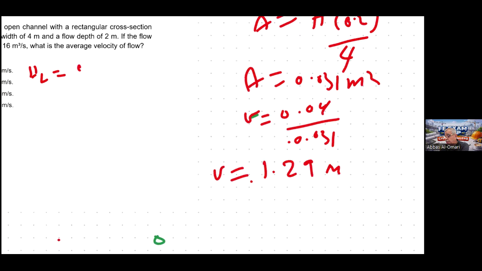So now we can substitute in the formula and find the head loss.